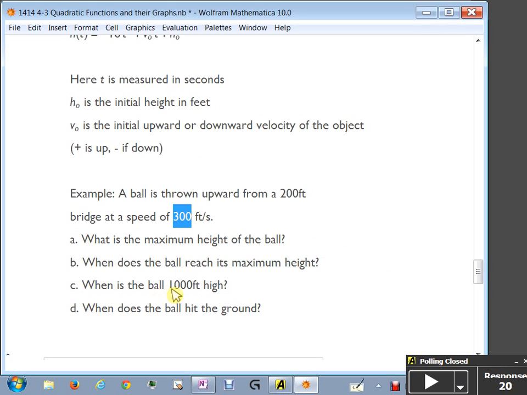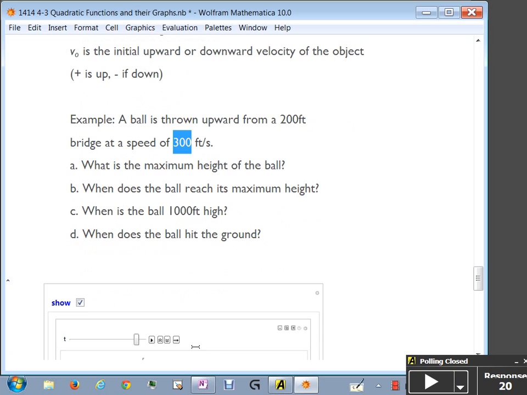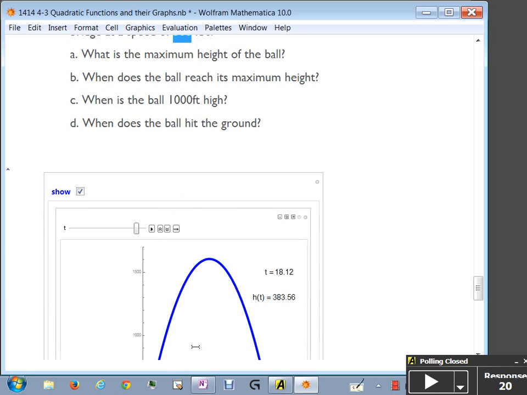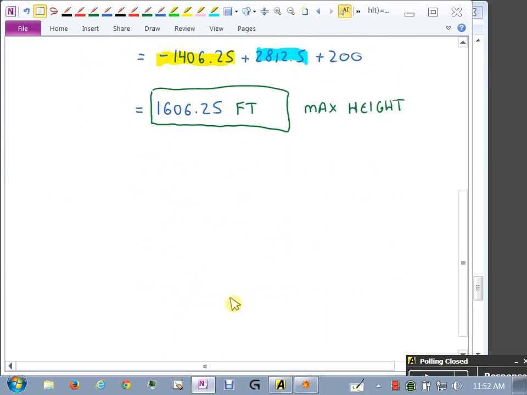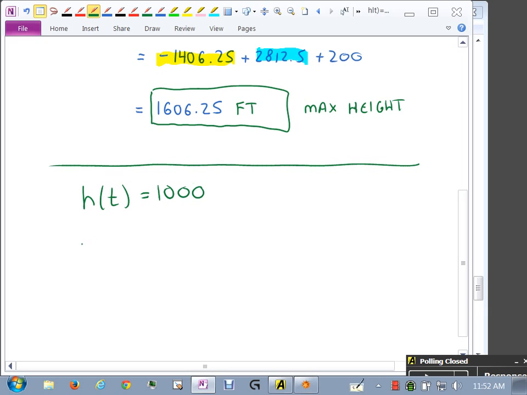When is the ball 1,000 feet high? When is it 1,000 feet high? Doesn't it mean this? Doesn't that mean when is the function 1,000? So when is negative 16 t squared plus 300 t plus 200 equal to 1,000? Yes, that's what it means.